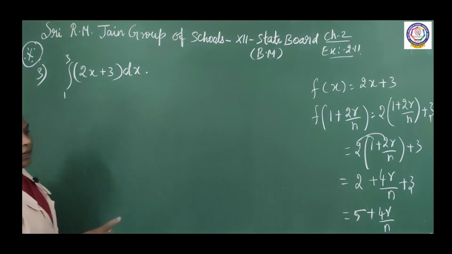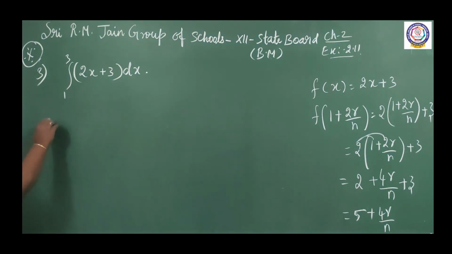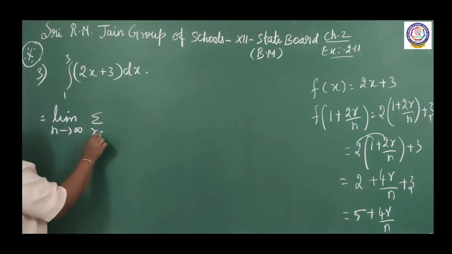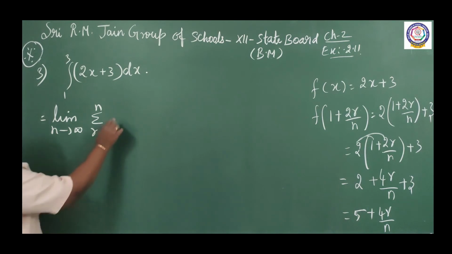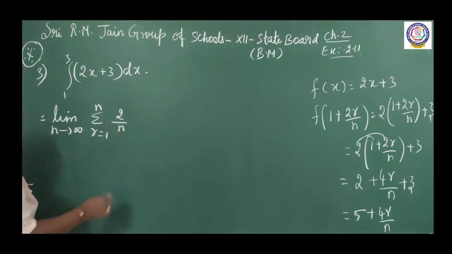See, 5 plus 4r by n. Limit n tends to infinity, sigma r equal to 1 to n, h, what is the value of h? 2 by n into f of a plus r h.